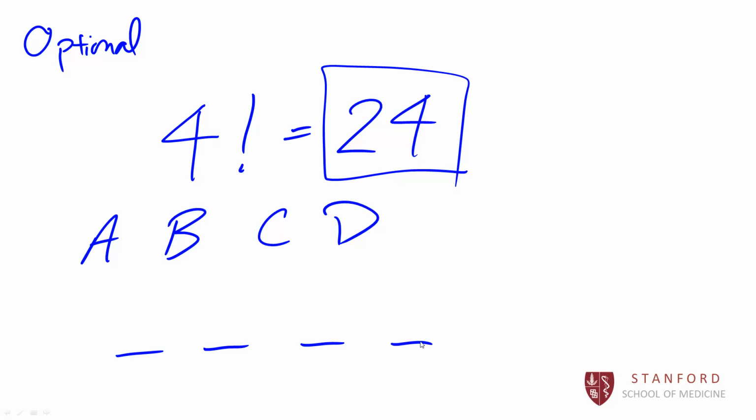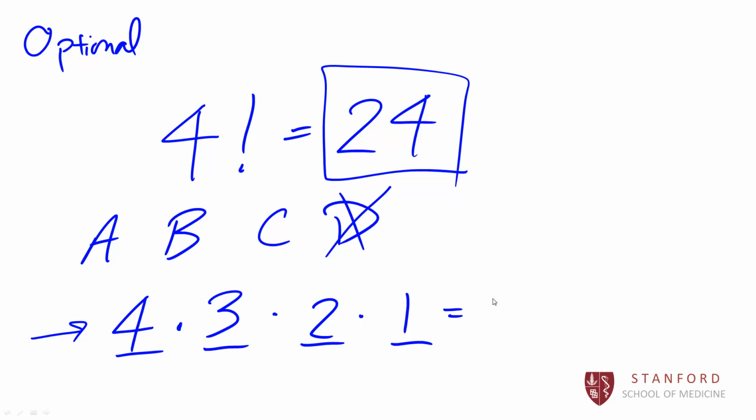So when you first pick your intervention here or your letter, you have 4 choices. So I'm going to put 4 here. Then after you pick your first one, whether it's D or not, you have 3 choices left. So I'm going to put 3 here. And so you can see if I follow that logic, I'm going to result in this expression 4 times 3 times 2 times 1, which is simply the same thing as 4 factorial.